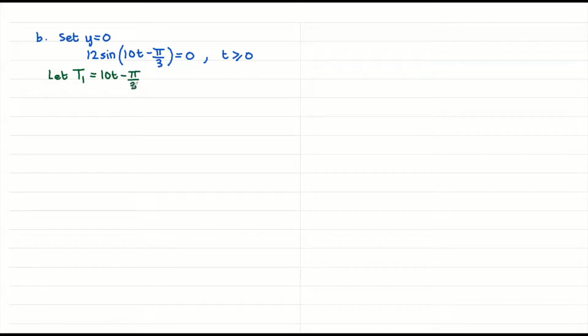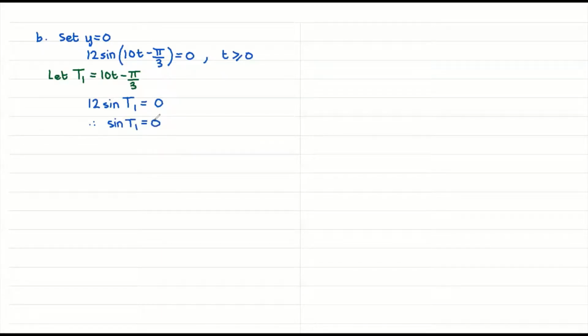Rewriting the equation now, we have 12 sine of big T1 is now going to equal 0. Obviously 12 can't equal 0, so therefore sine of T1 is going to equal 0.